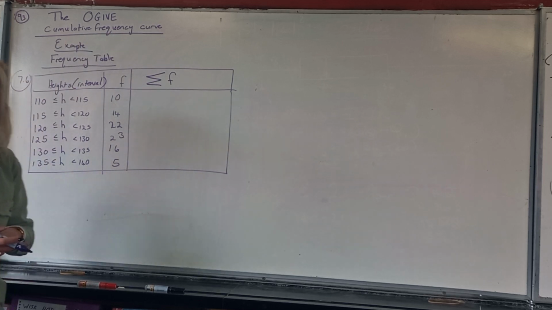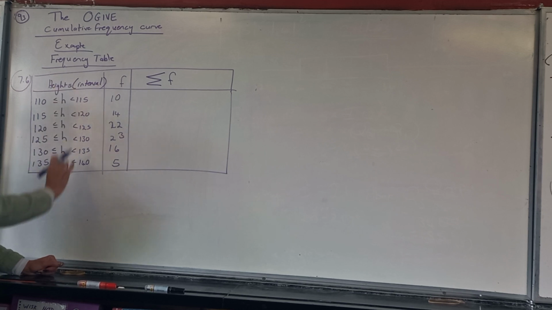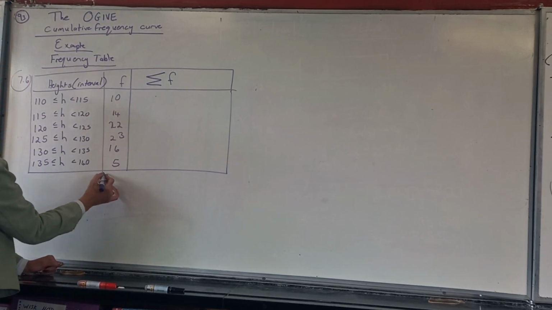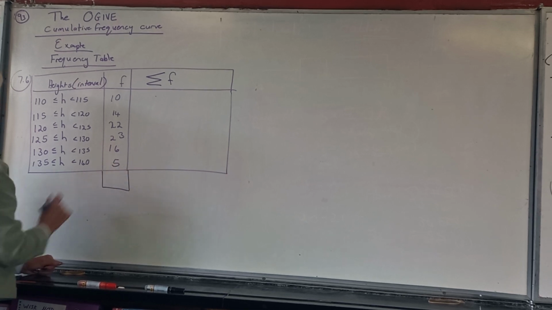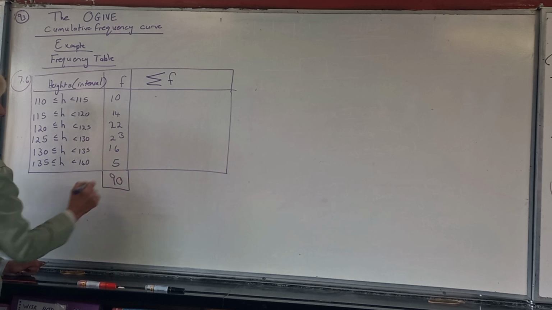That was what we did if we wanted to find the median. Remember? If I say find the median of this, how do you do that? First of all, go add them up and see how many there are, please. There are 90.